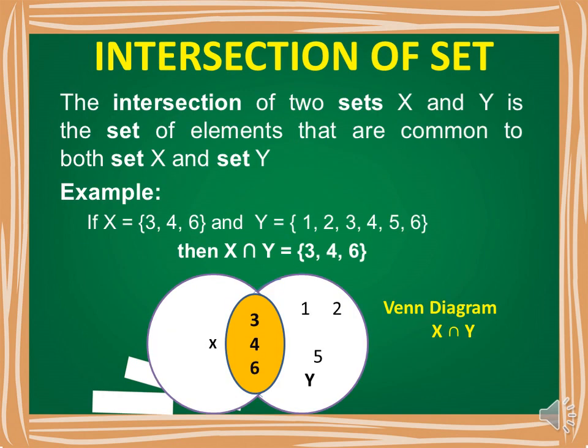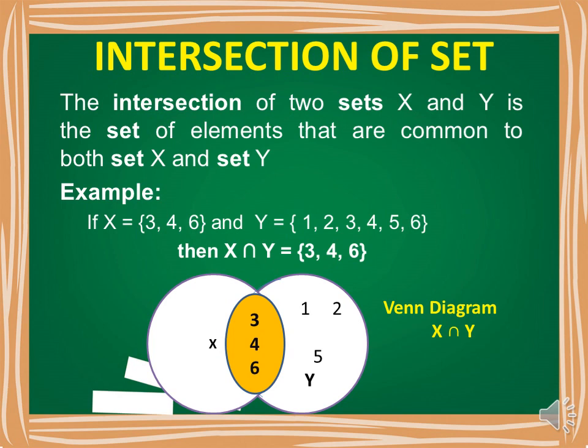Let's take first the intersection of sets. What is this? The intersection of two sets, X and Y, is the set of elements that are common to both set X and set Y. For example, you have two sets here. If X has elements 3, 4, and 6, and Y has elements 1, 2, 3, 4, 5, and 6, then what is X intersection Y?